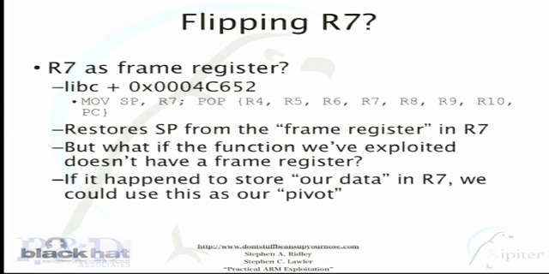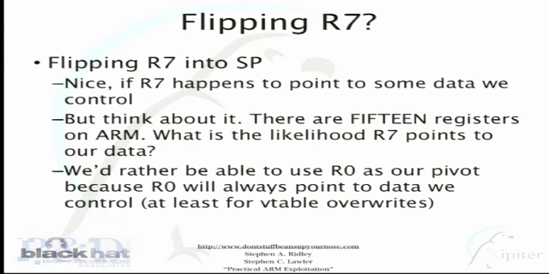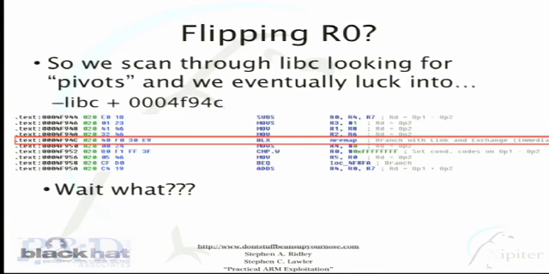But R7 is typically not used all that much in actual exploits, especially if you're doing any vtable-based exploitation, where R0 is usually what's going to point to your stuff because it's the this pointer. So typically, at least for C++ based exploits, pivoting off R0 is where you want to go, but it's hard to find. Again, there are misaligned instruction sequences.